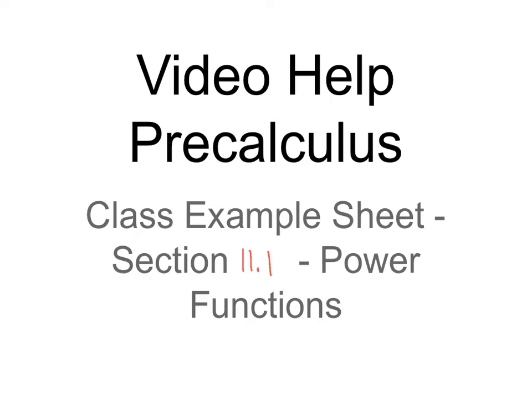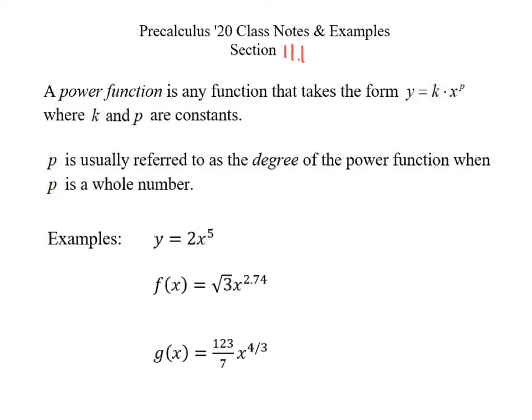So I'm going to talk about some of the problems you'll see on this sheet and should help you with completing everything on it. As you can see, pretty much as long as we can write a function in this form, where it's a constant number times the variable, can be x or whatever your independent variable is, then raised to a constant exponent, then it's going to be a power function.